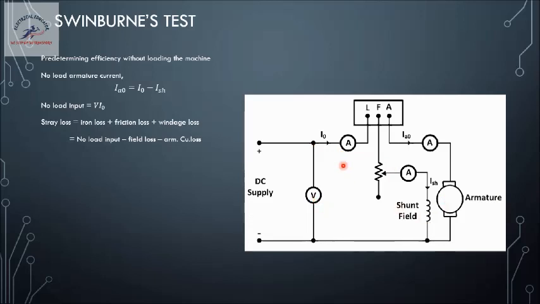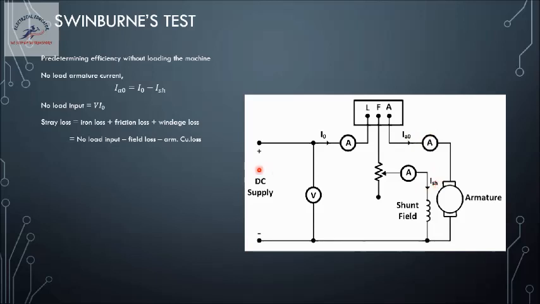While rotating, even though the output power is 0, it is still drawing some input power. This input is drawn to compensate for the losses.